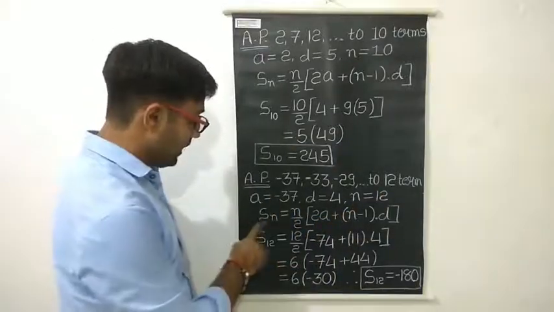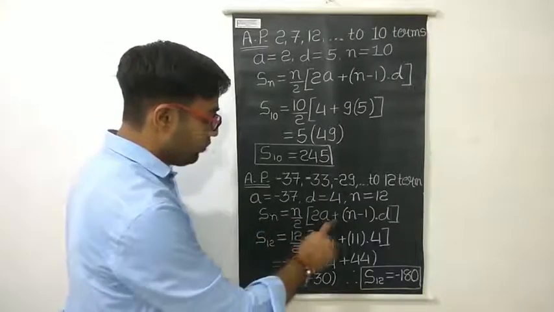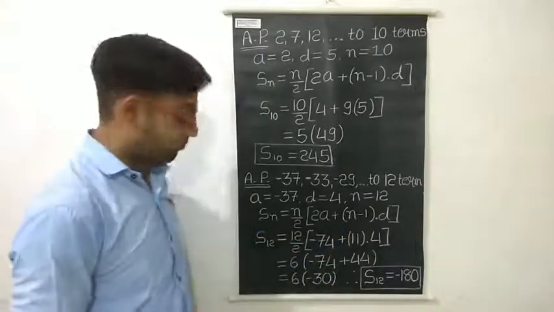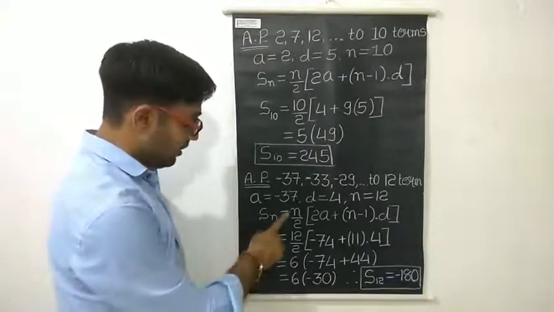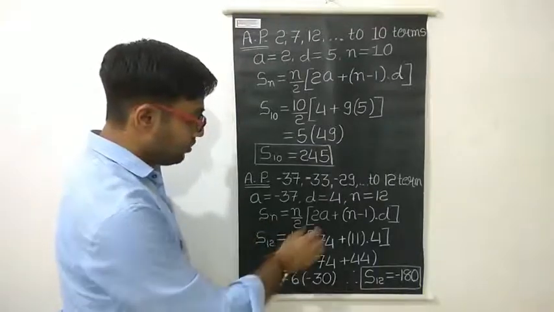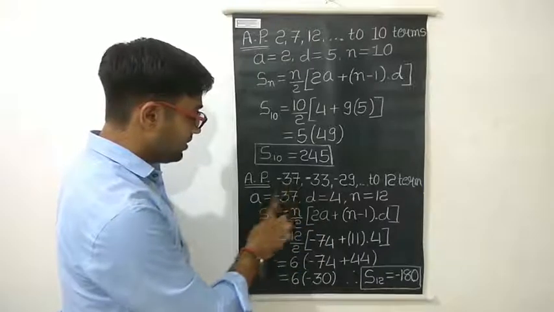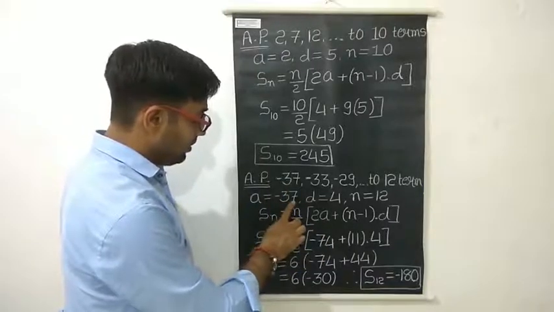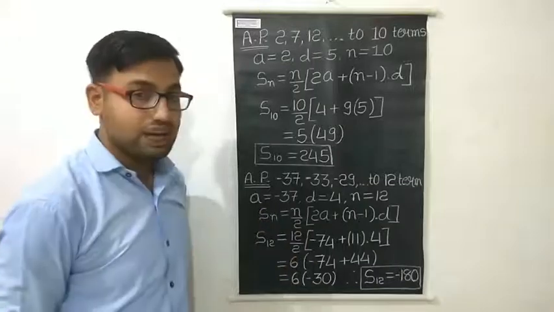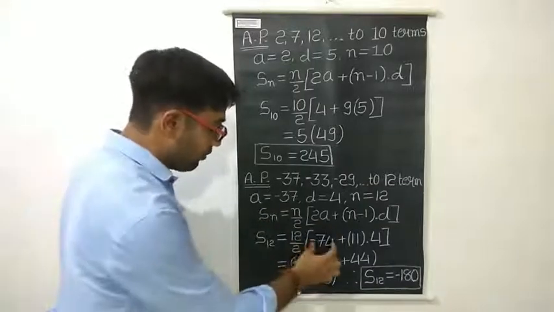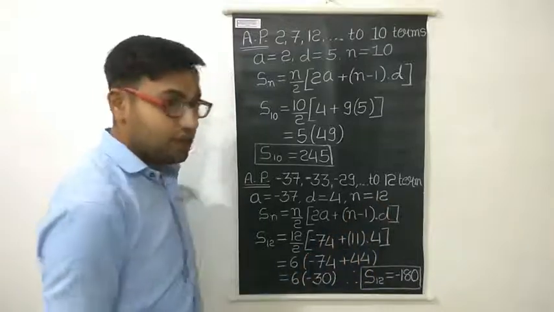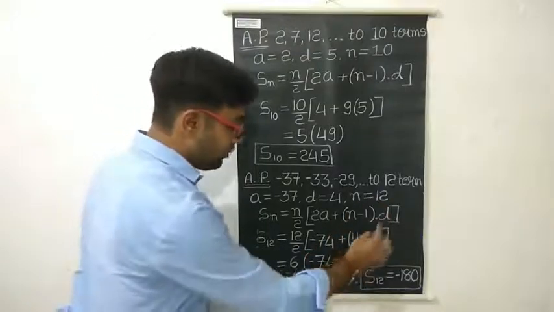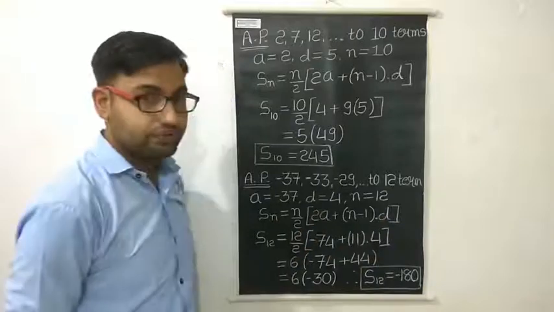So according to the formula, S_n equals n by 2 (2a plus (n minus 1) into d). S_12, because the value of n is 12. Put down the values: 12 by 2, 2a. a is minus 37, minus 37 into 2 is minus 74. This is the value of 2a. Plus n is 12, so 12 minus 1 is 11, 11 into d, d is 4.